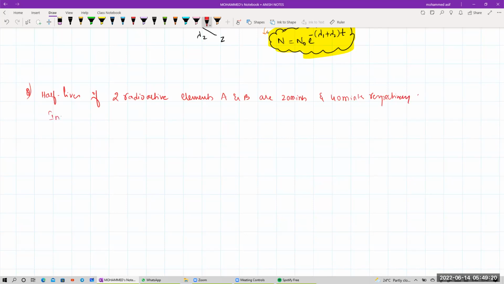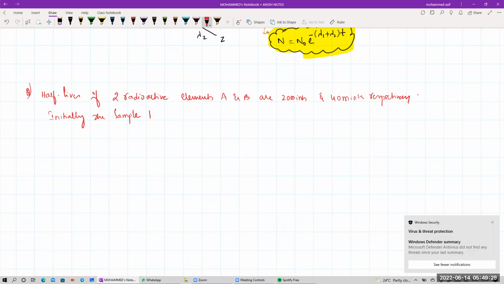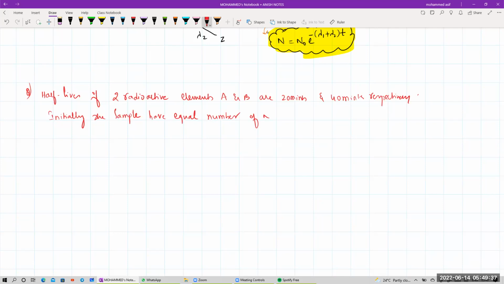Initially the sample have equal number of nuclei। Okay?